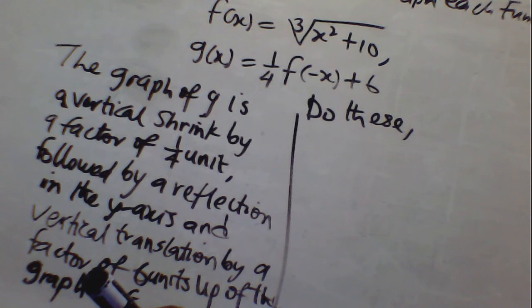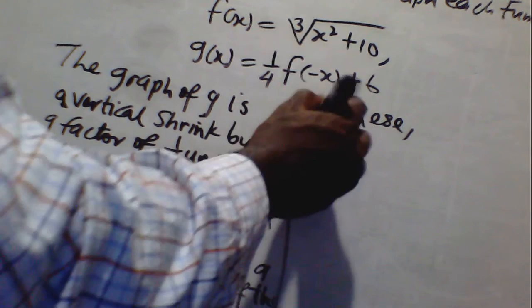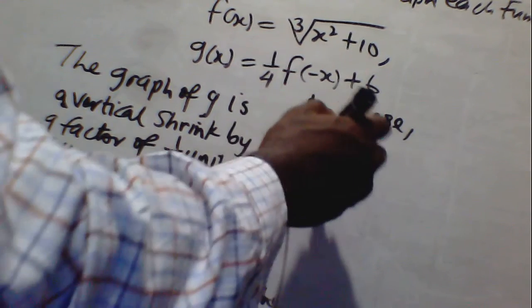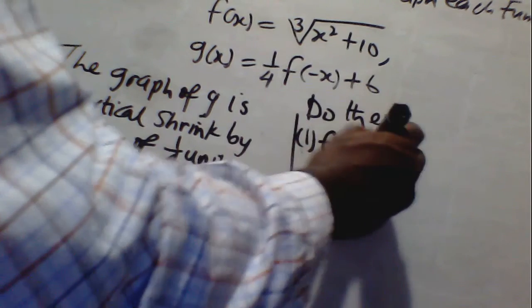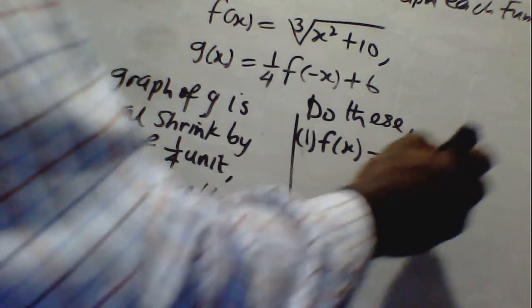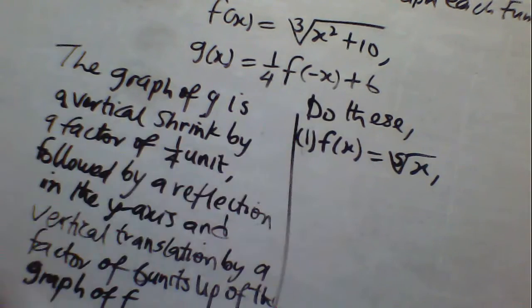So the first one: f of x is equal to the 5th root of x. I hope you are seeing it.